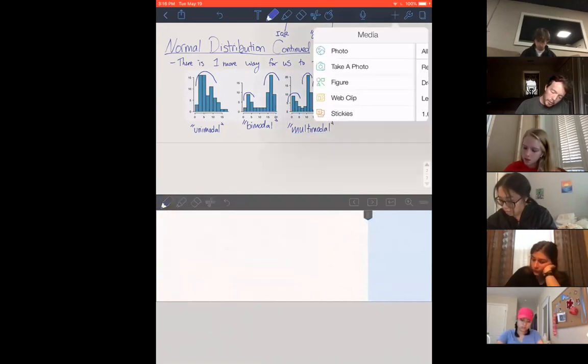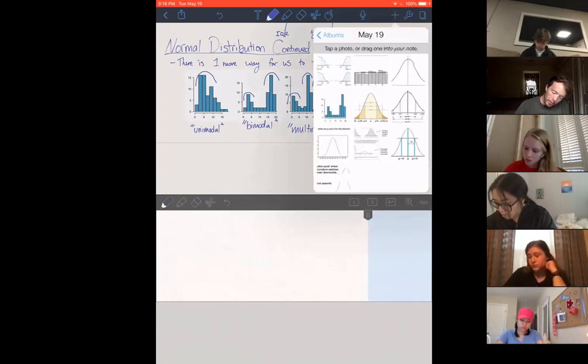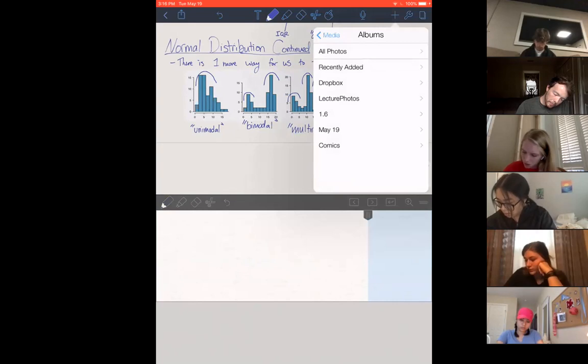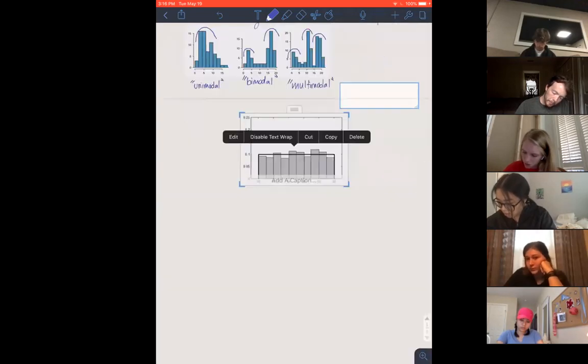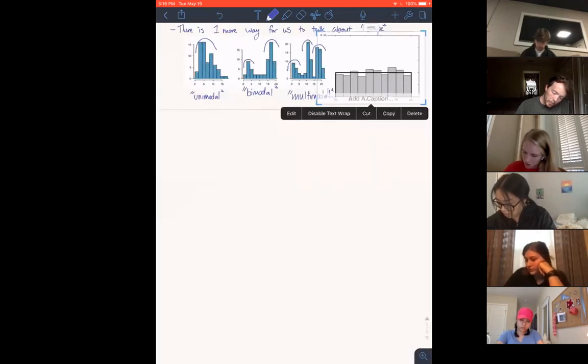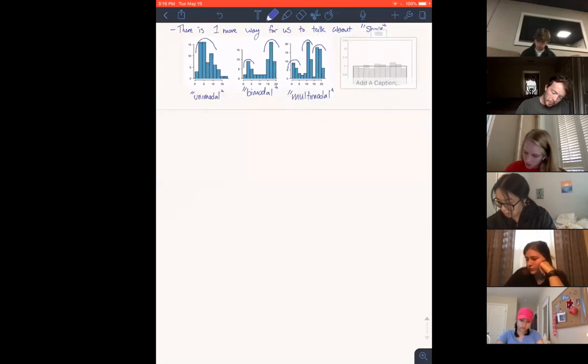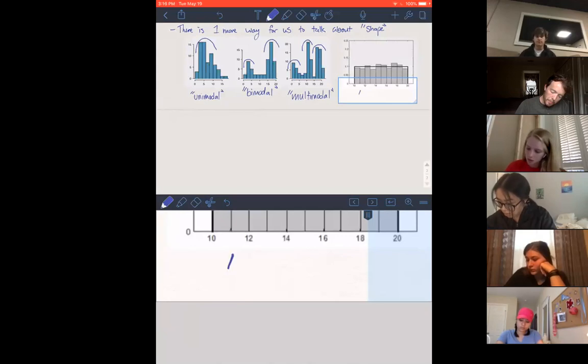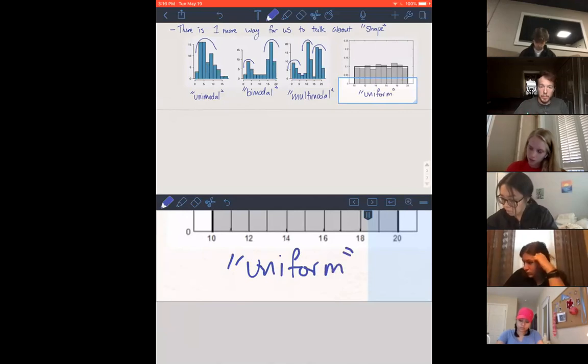And we've seen the example already of when there aren't really any peaks, which is this picture. And we call this one uniform.